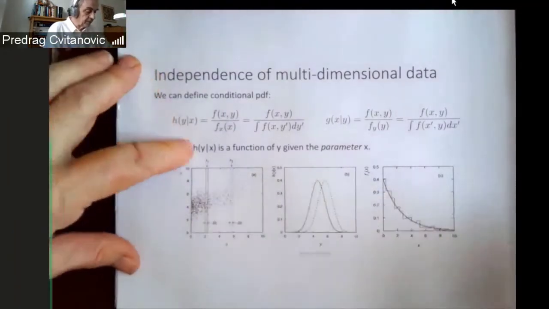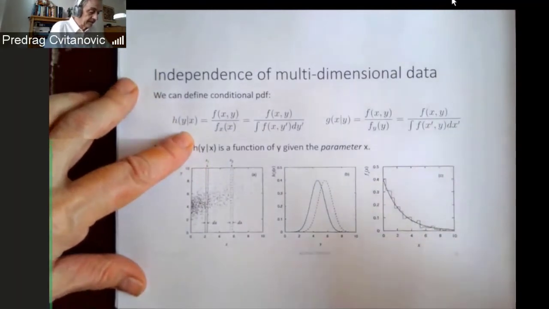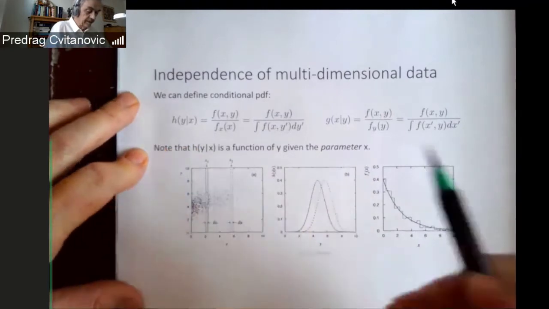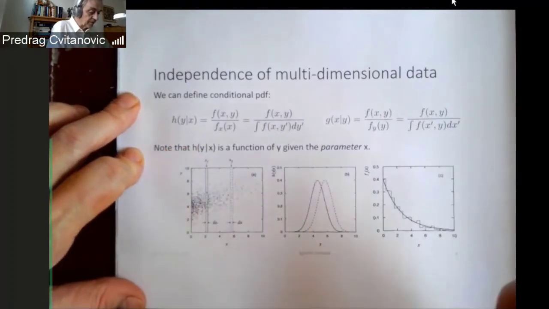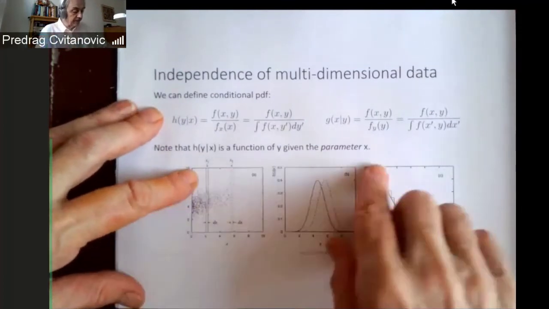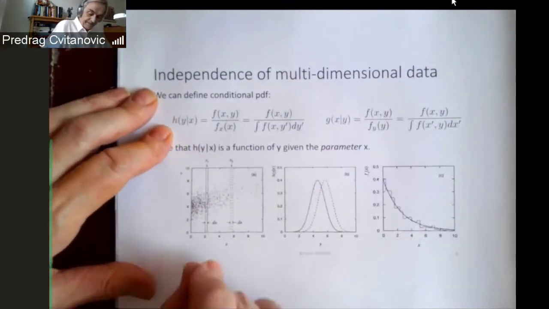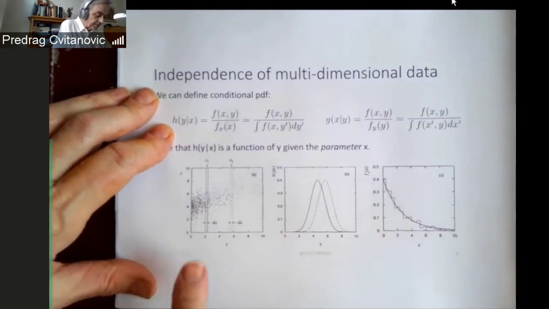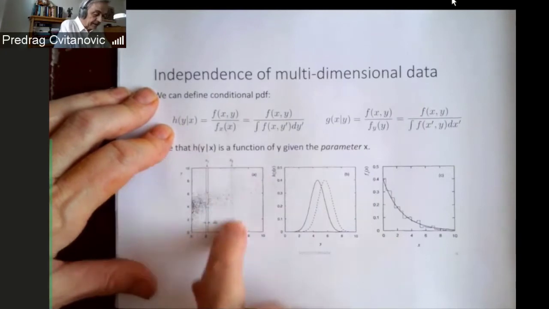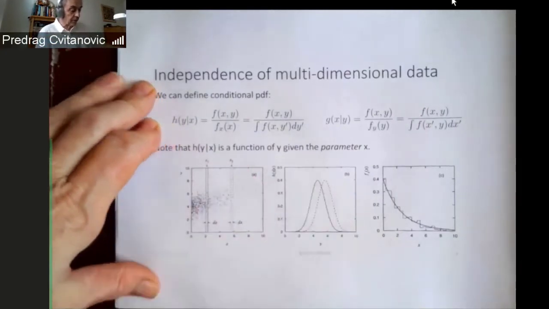For that, you define conditional probabilities in which you measure a function of y and you treat the other thing as a parameter. So what it means is you take little boxes here and you measure probabilities at different times, and you would like to know where they're uncorrelated.